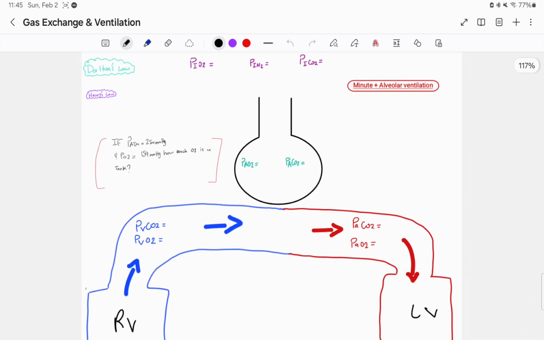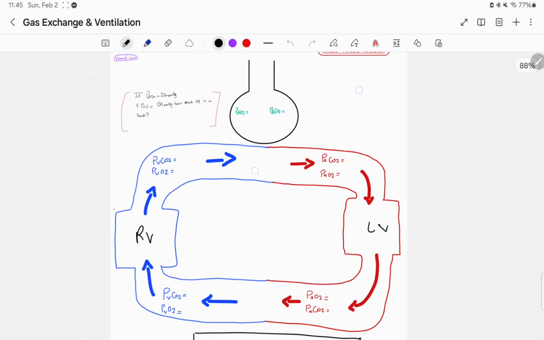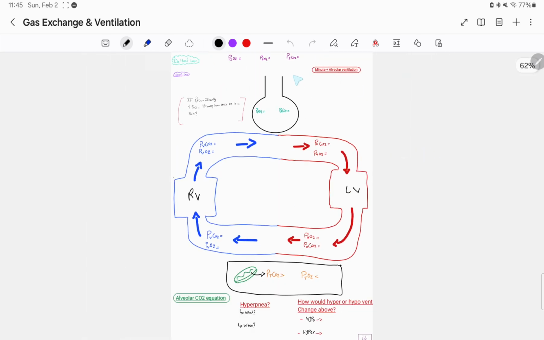So, when we start talking about gas exchange, we have to start with thinking about how much air is actually getting into the alveoli. Just to get you oriented, here's the alveoli, and from the alveoli we have this circulation. Blood from the left ventricle is pumped out to the systemic circulation, systemic being anywhere but the pulmonary circulation.